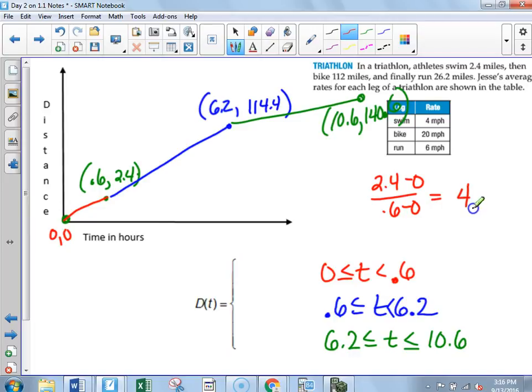Something about that first piece and the number 4: the speed. It's a rate. Distance per time, change in y over change in x is a slope. So this was 4 times the time, and it went through the origin, so it'd just be plus 0, right?